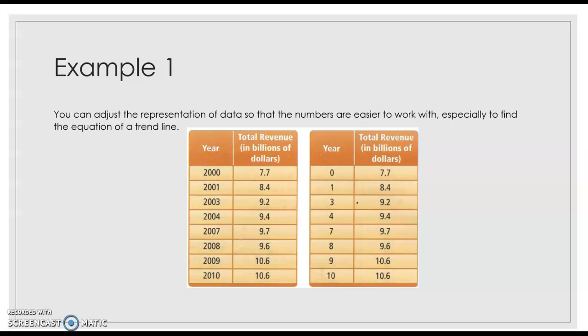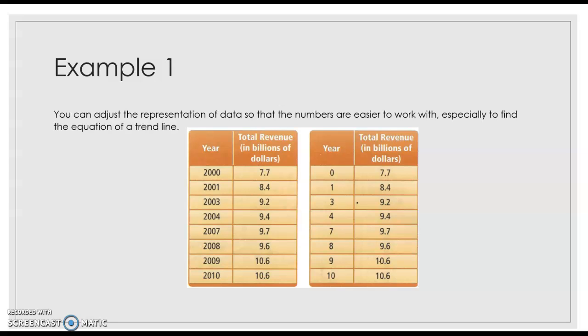Now, a lot of the tables and situations, actually real world situations, especially when you're working with years, talk about years. All I'm trying to show you in this slide is that we can adjust our representation of the data so that our numbers are easier to work with.